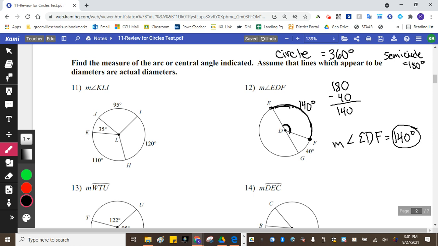So if this is 40, this is 40 degrees. If this is 140 degrees, this is 140 degrees. That's called a central angle, because central means the center. Your angle is coming from the center of your circle. They're equal. The angle is equal to 140.